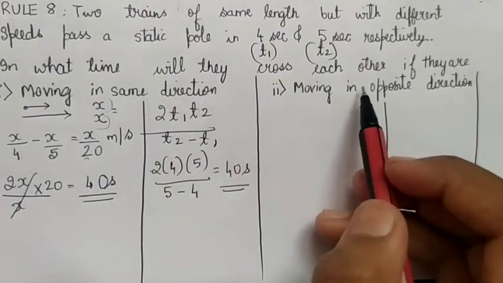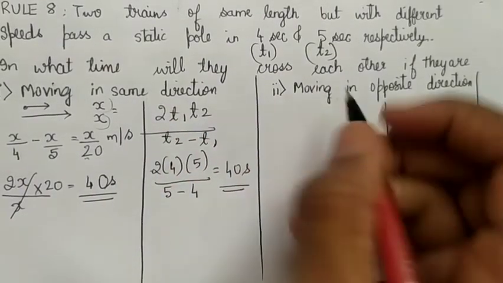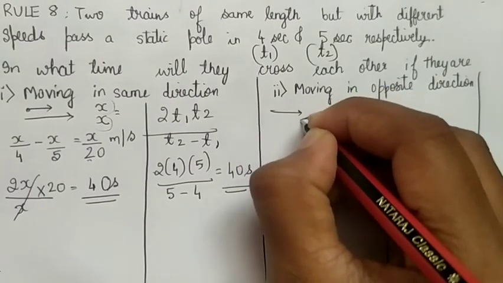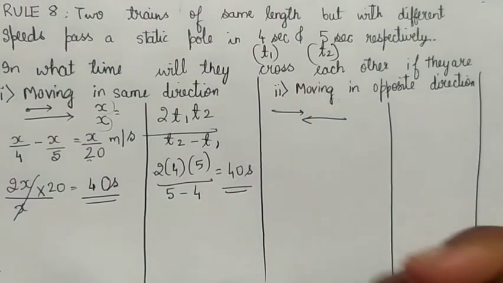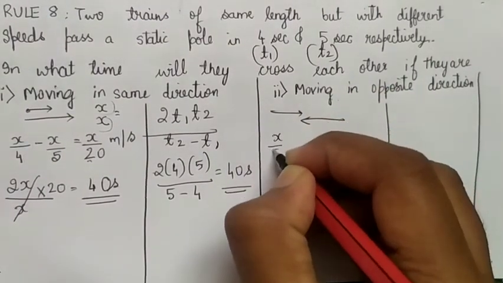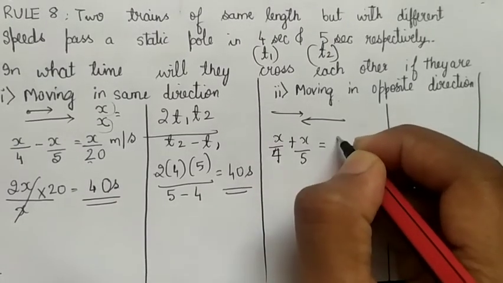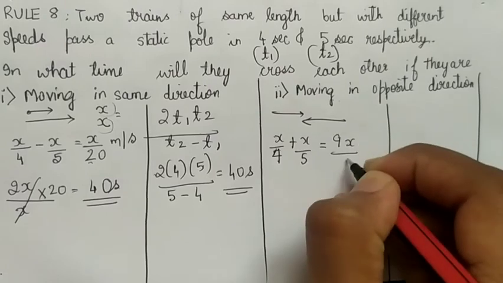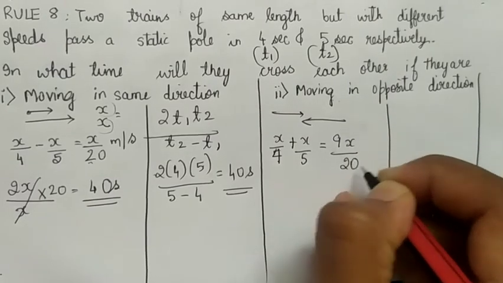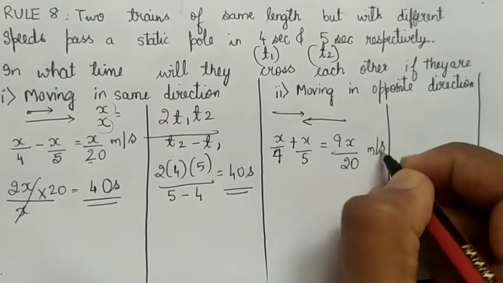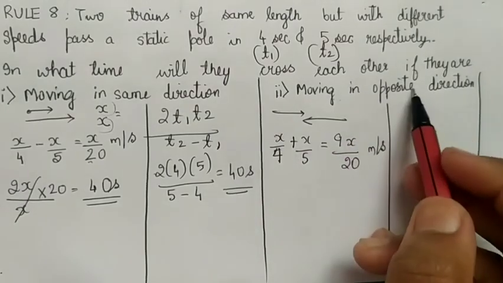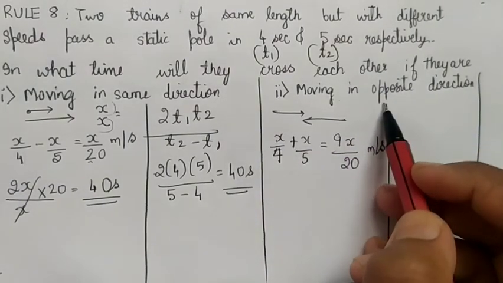Suppose I am considering another case, they are moving in opposite directions like this. They are facing each other, then the relative speed will be x by 4 plus x by 5. This will give me 9x by 20 meters per second. This is the relative speed when they are moving towards each other, that is, in the opposite direction.